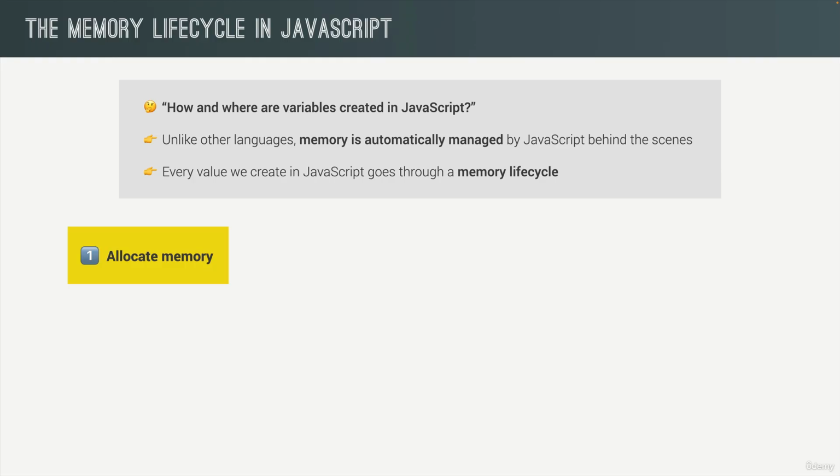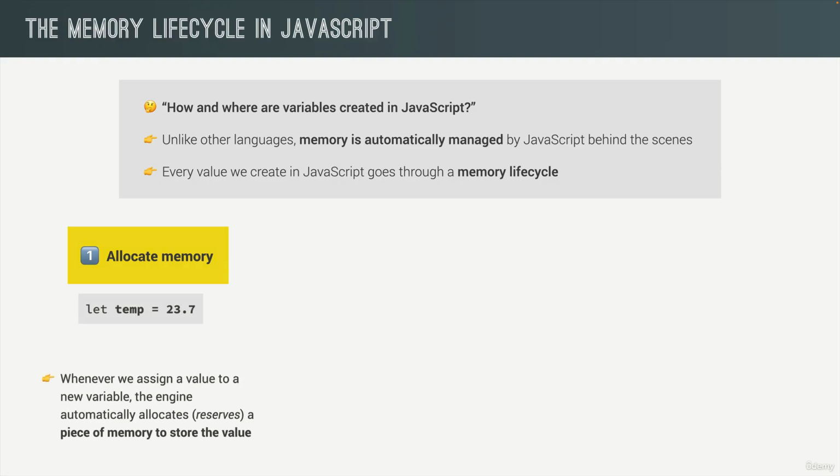So essentially, each time we declare a variable with a new value, no matter if it's a single value or a huge object, the JavaScript engine will automatically reserve a piece of memory to store that value. So the value that is being held by the variable that we just created. In this example, it's to store 23.7. But again, it could be an object or a function or whatever we want.